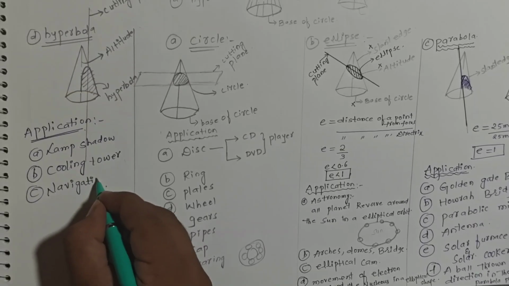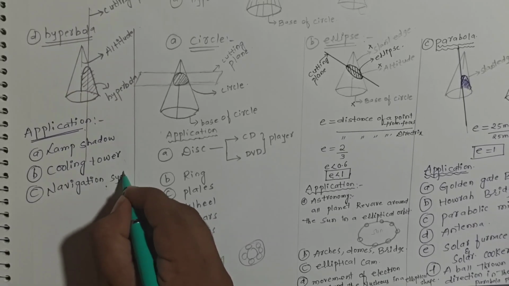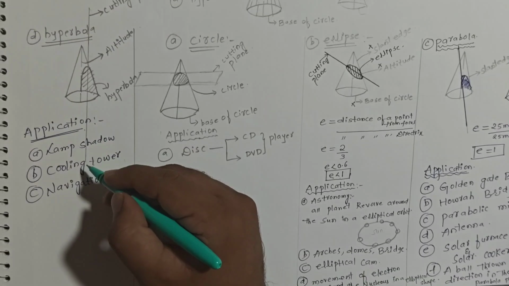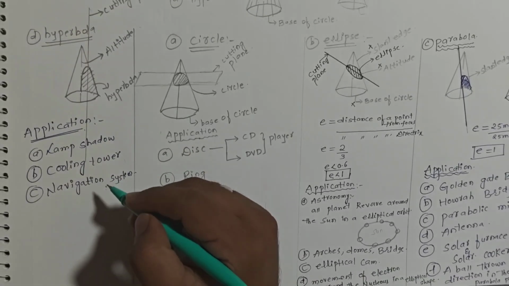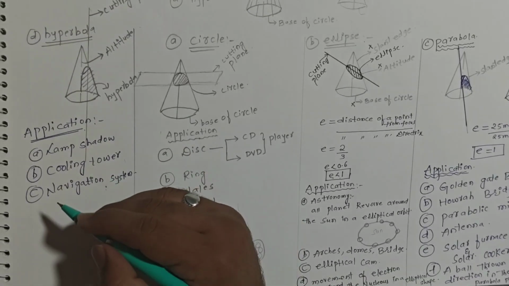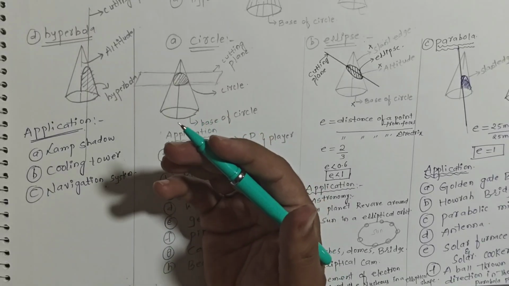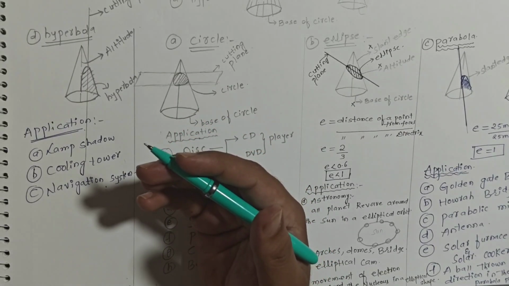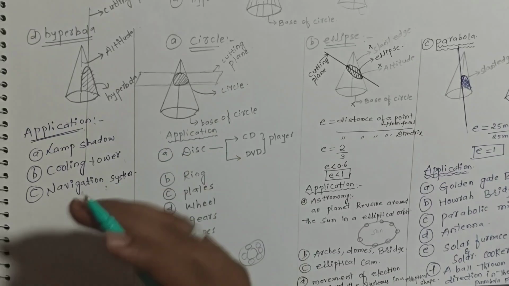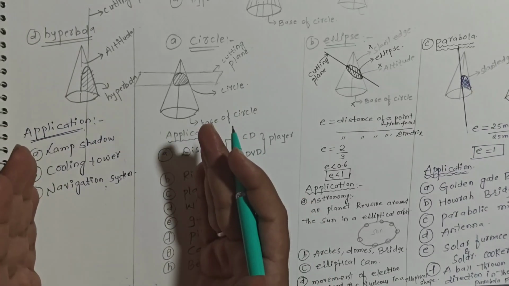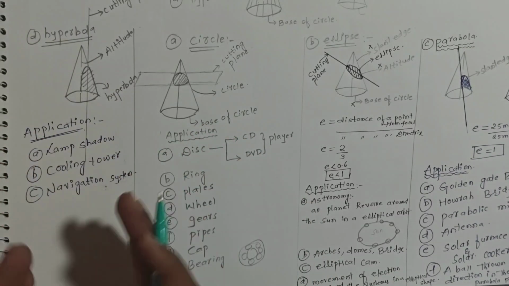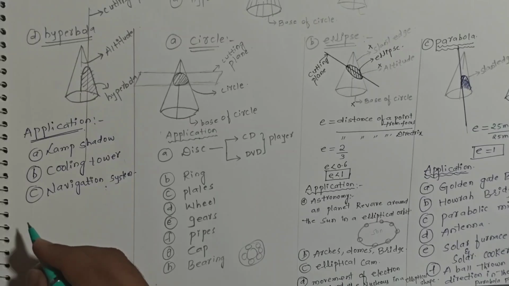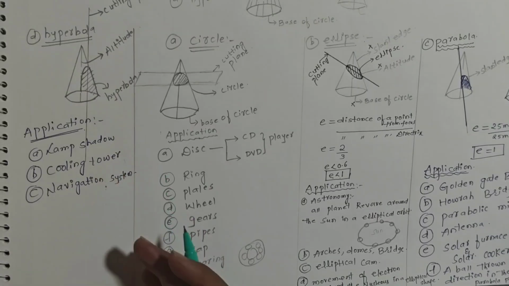The hyperbola is used in a radio navigation system. The position of a ship and aircraft can be determined by using the hyperbola curve formed by the signal from one station to another station. These are the applications of the hyperbola.